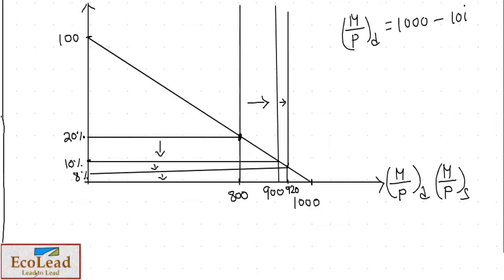If the money supply increases for a given money demand in the market, the nominal interest rate will go down. Remember, the nominal interest rate is set by the central bank based on the market situation.